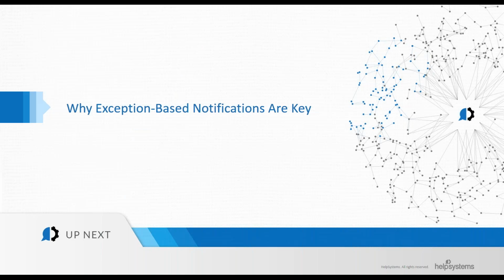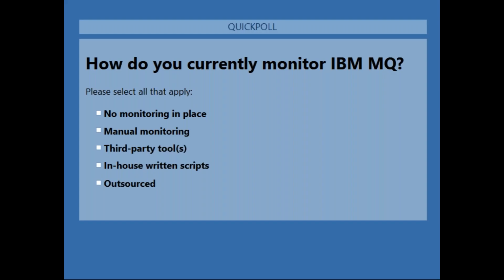And just before we continue, I'm just going to run today's poll question. We have one poll question today. So let me just launch that. So today's poll question, just to gauge how you're currently monitoring IBM MQ, I'd like to ask a simple question. How do you currently monitor this key application? Do you have no monitoring in place at all?